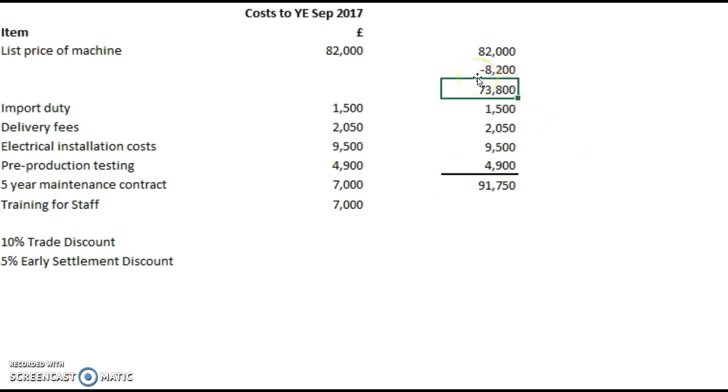We've taken the trade discount and it's entered into the books as the first entry at 73,800. The early settlement discount of 5%, it's 5% of 73,800, times 0.05, which is 3,690. That's not taken off this figure, and it just goes to other income.